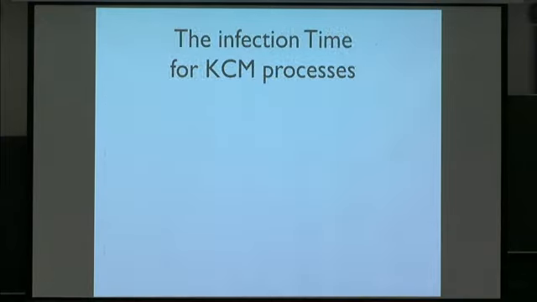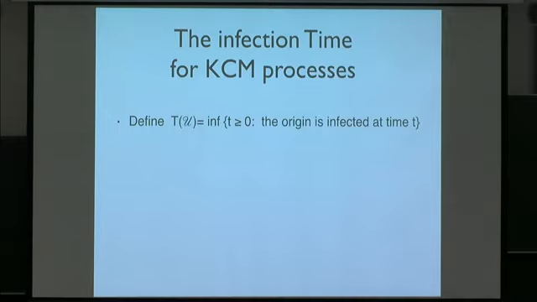So what is the main object that we will focus on? We can define the infection time of the origin. It's the first time that the origin is infected during the evolution. After that, maybe the origin will heal, then be infected again, and so on and so forth, but we look just at the first time.